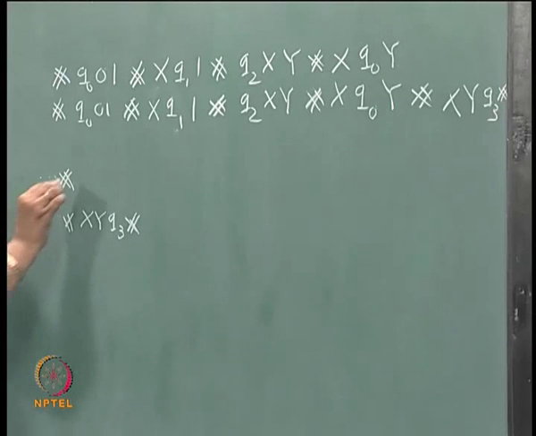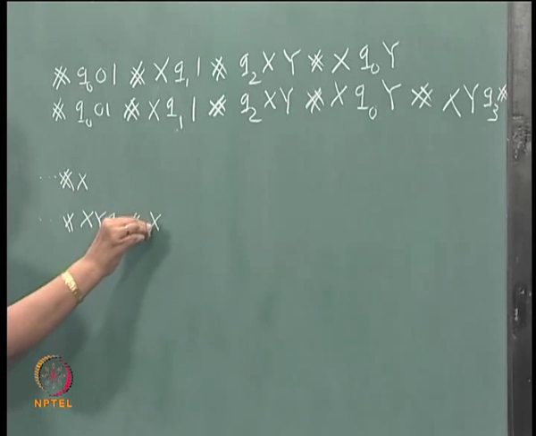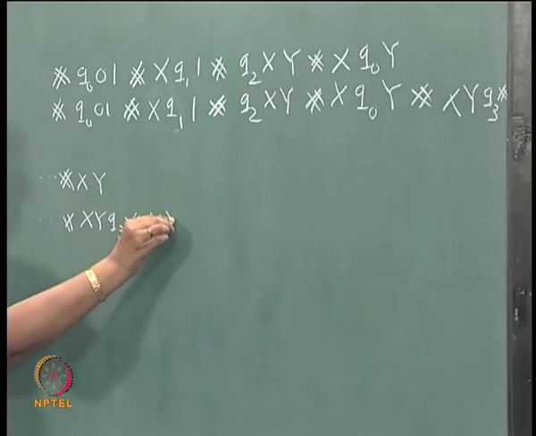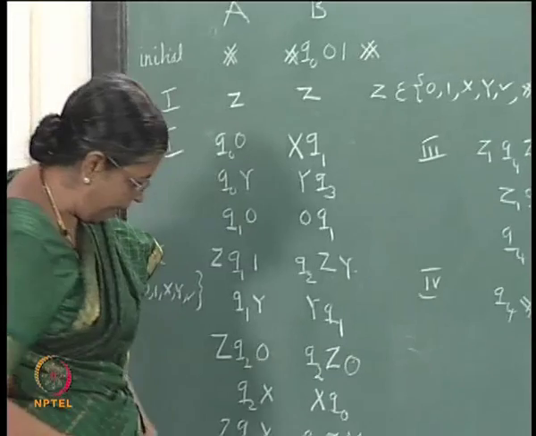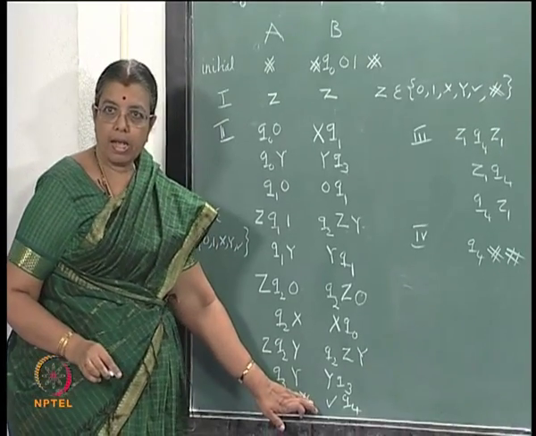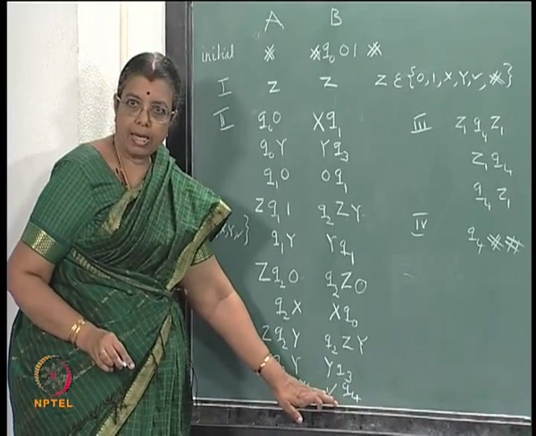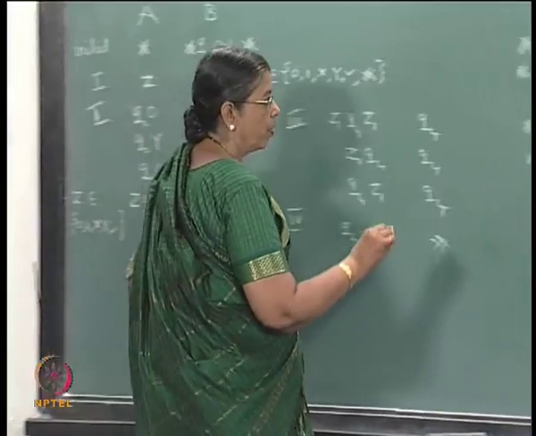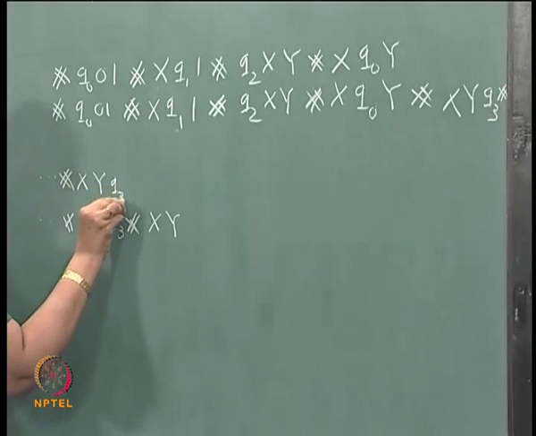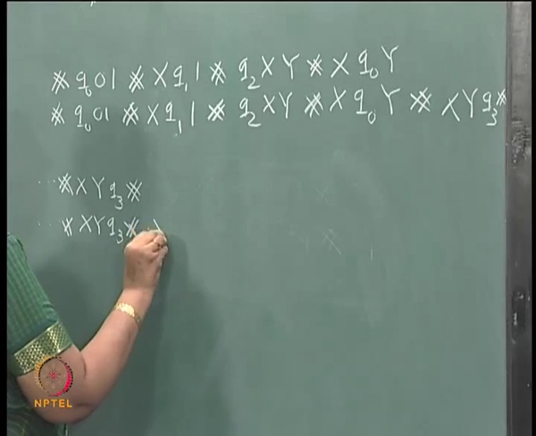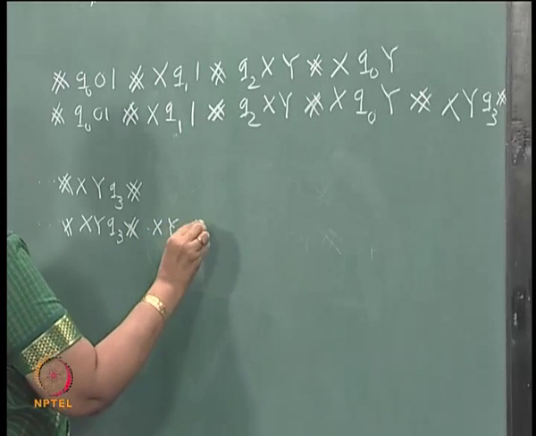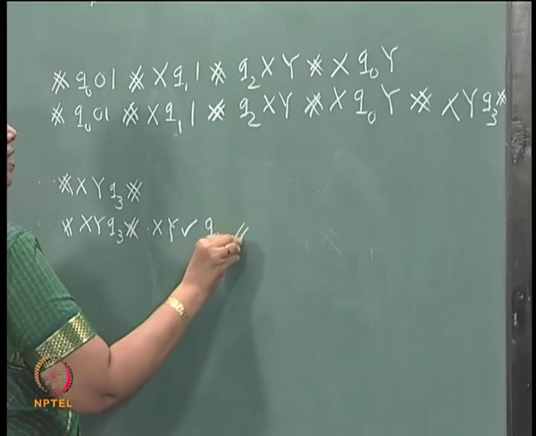So, first you create x here, you create a y here, you create a y here. Then when you try to create Q3 hash, you will create a tick mark and a Q4. Q3 hash, in this place you would have got x, y, tick, Q4 hash.